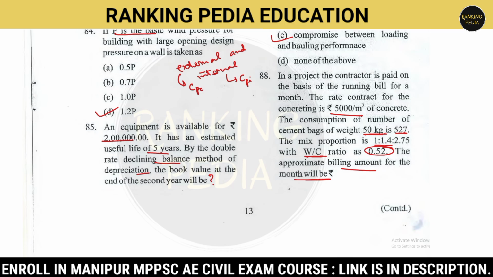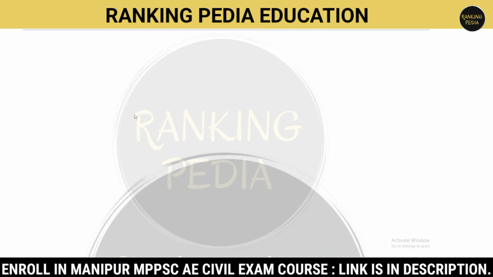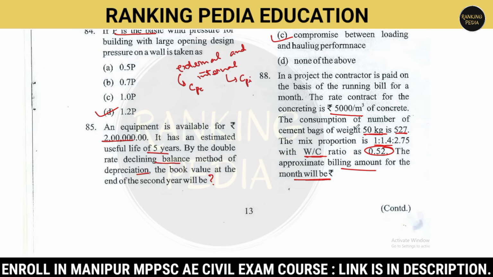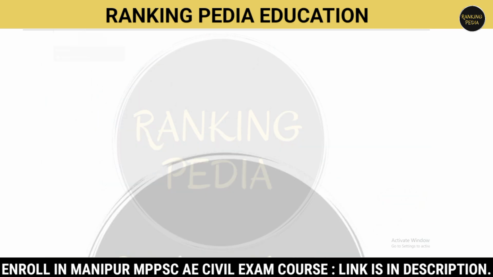Okay, so we will note down the given values one by one. Weight of 1 bag of cement is given, 50 kilogram.